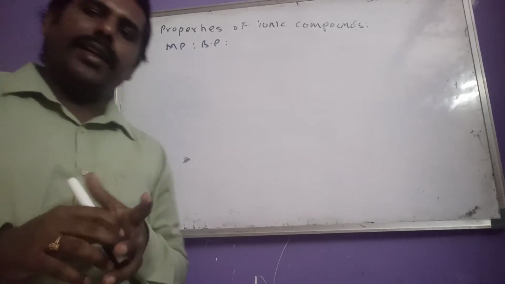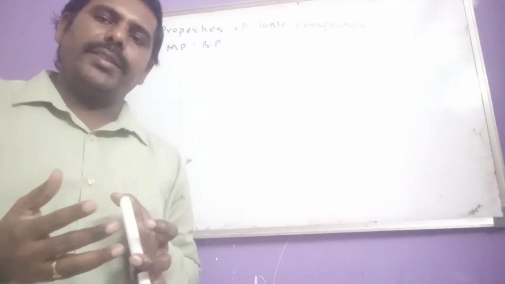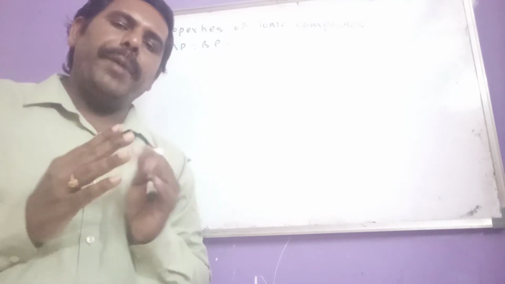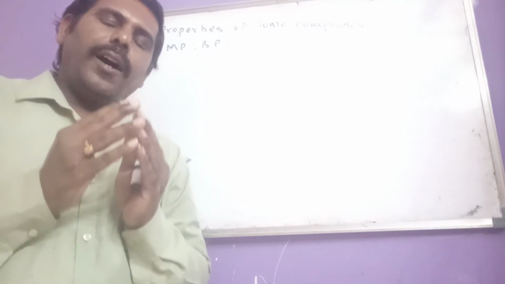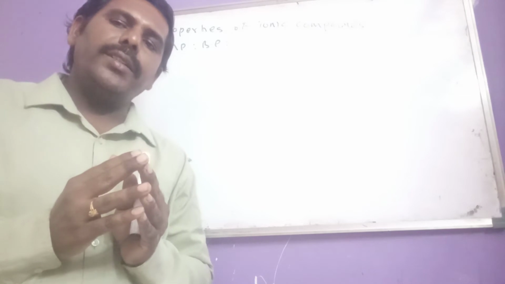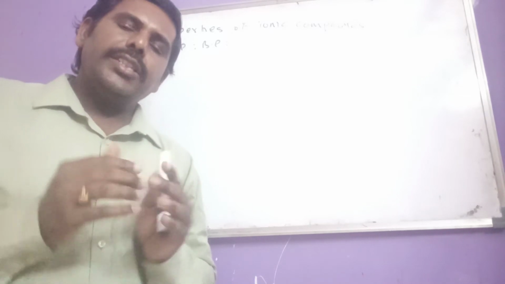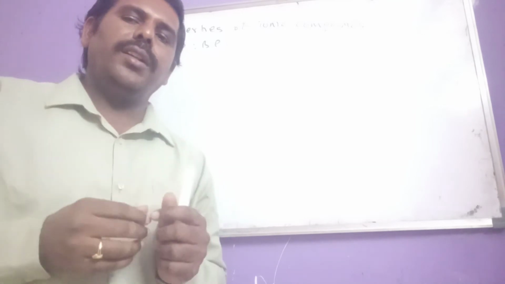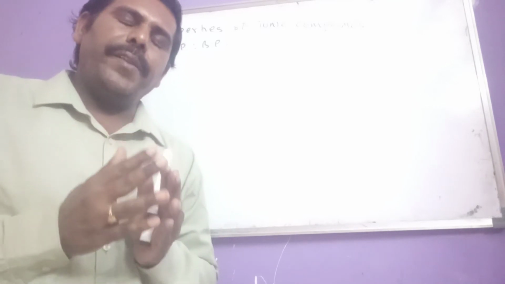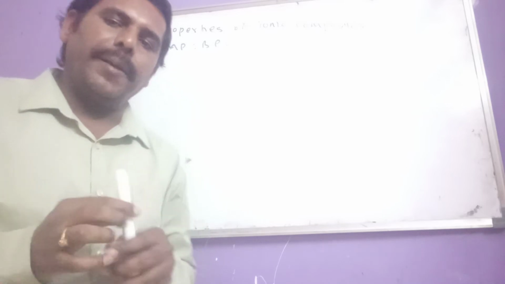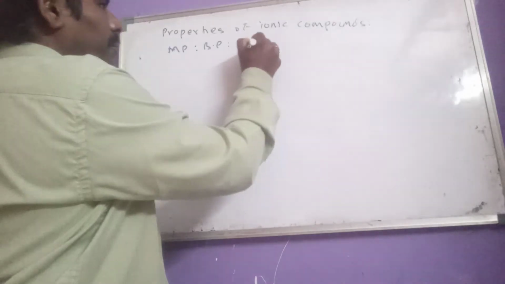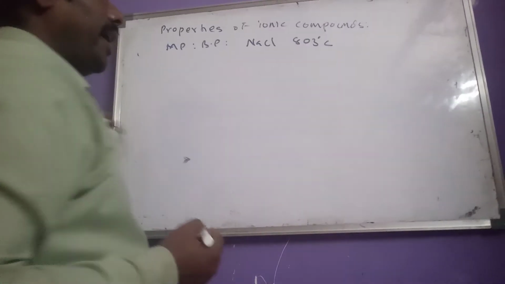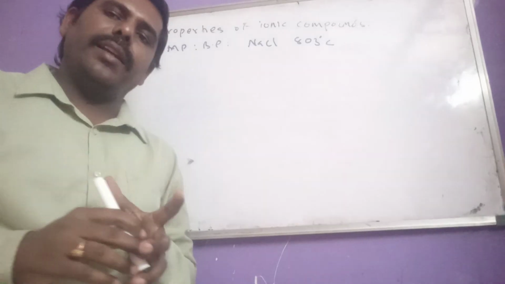All the ionic compounds possess high melting and boiling point values because the oppositely charged ions are held together by strong electrostatic force of attraction. So they are having high melting and boiling point values. Example, NaCl melting point is 803 degrees centigrade.